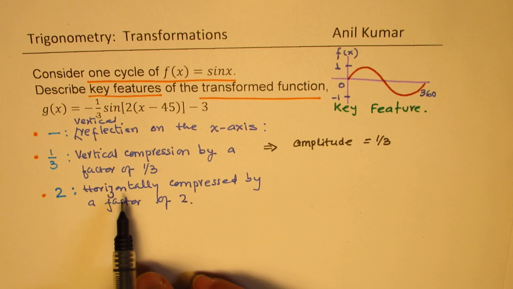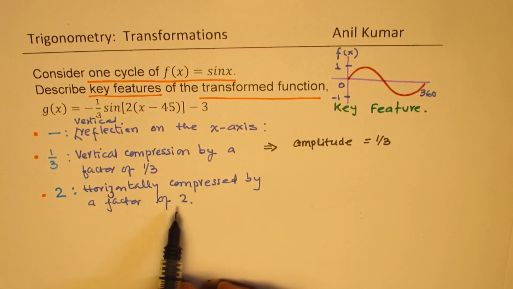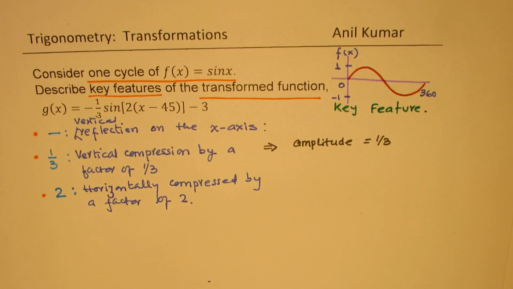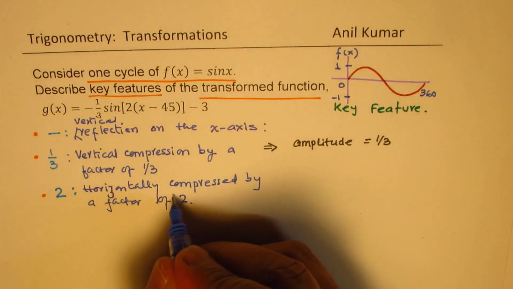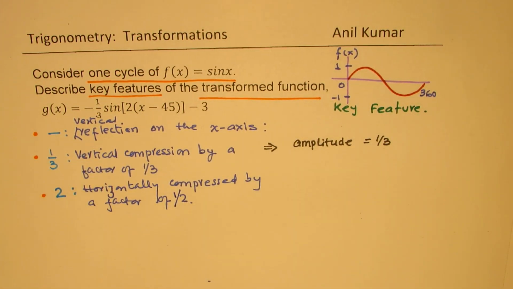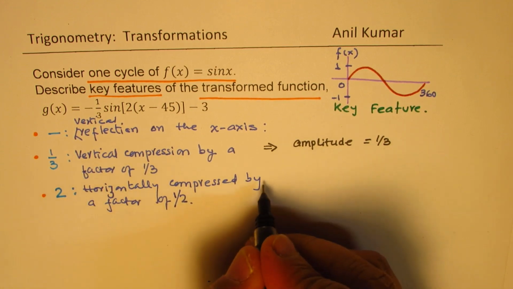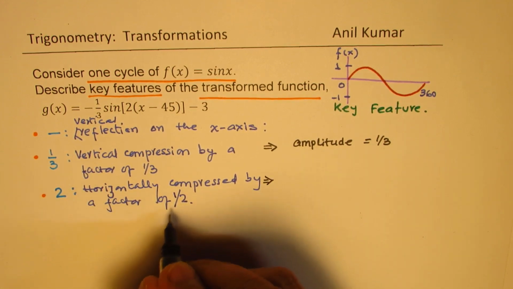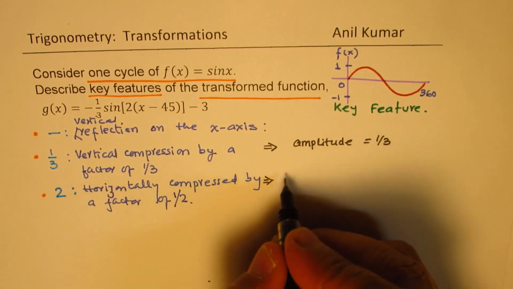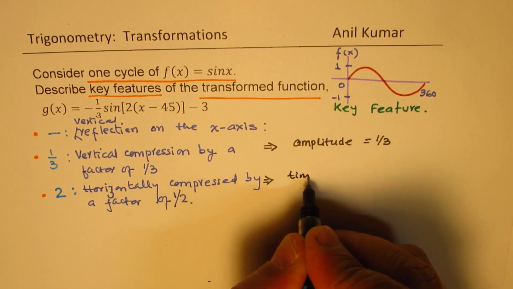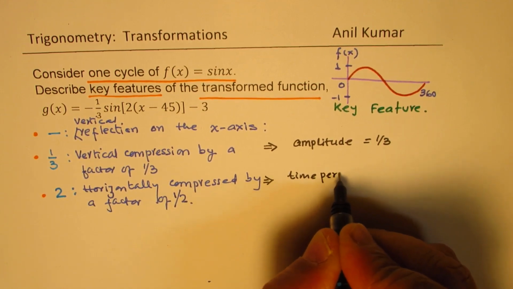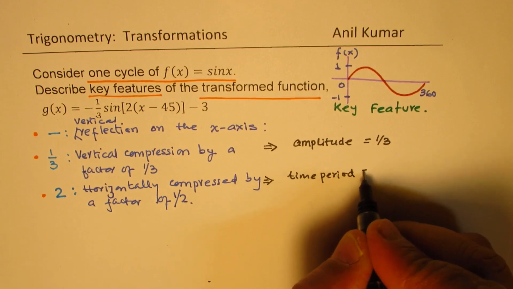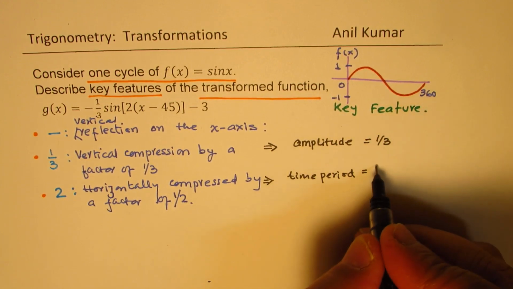The next one was horizontally compressed by a factor of 2. Rather, I should write horizontally compressed by a factor of half. So what really happens here is that the time period reduces to half. So here the effect is that the time period is now equal to half of 360.